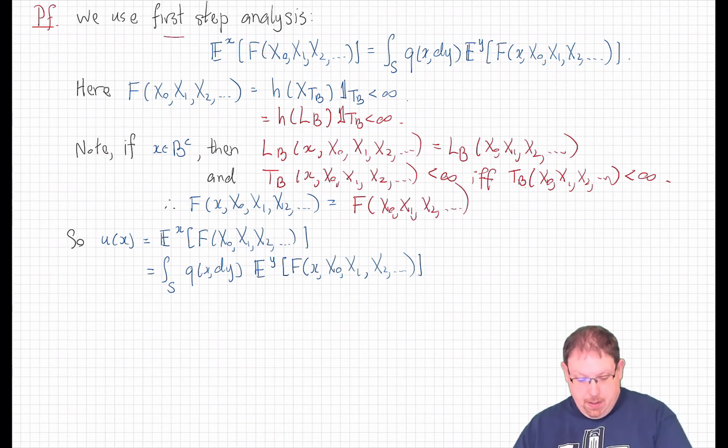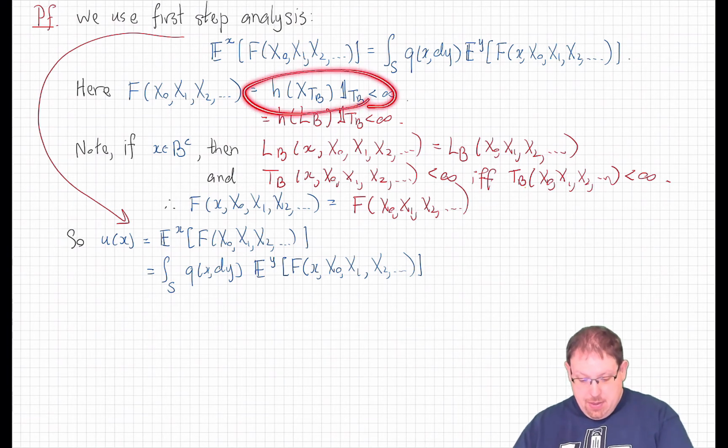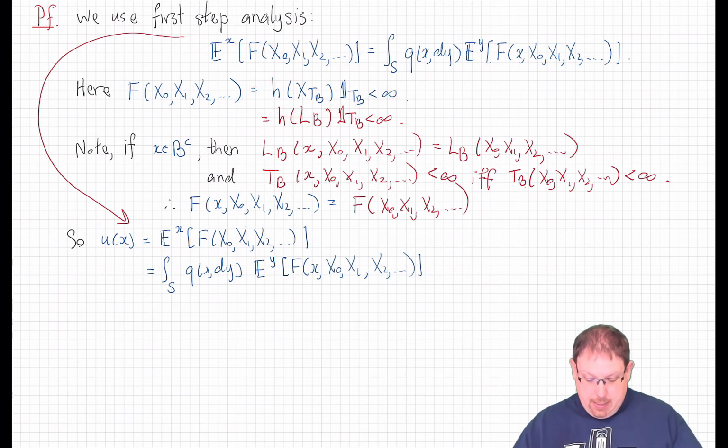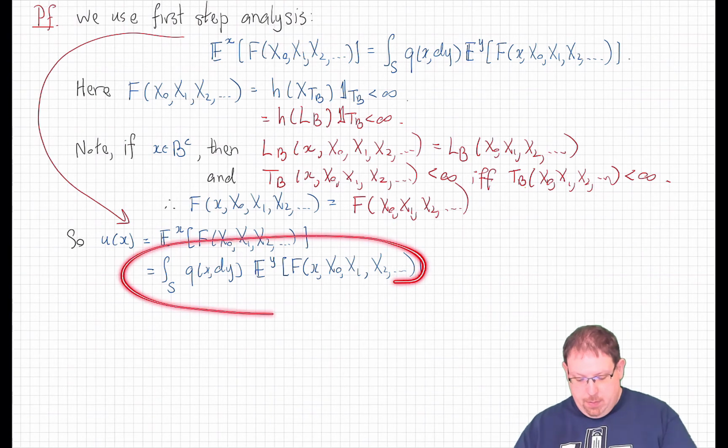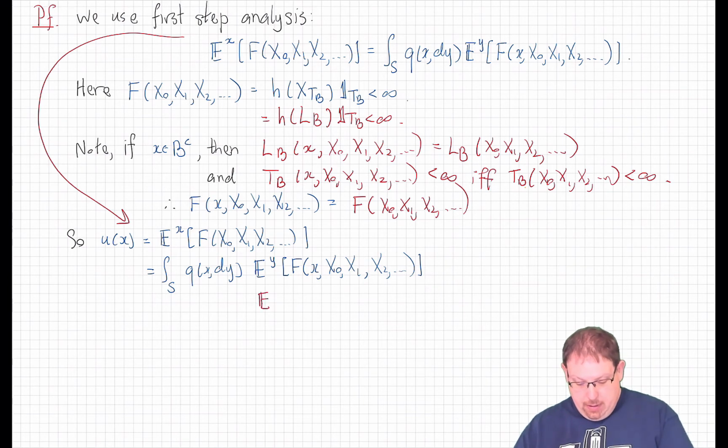And therefore, from our first step analysis, we get that the function u of x, which is the expected value of this function of the path starting at x, is this term here, integrating over all states y. But as we just noted, this integrand doesn't care about that initial x.